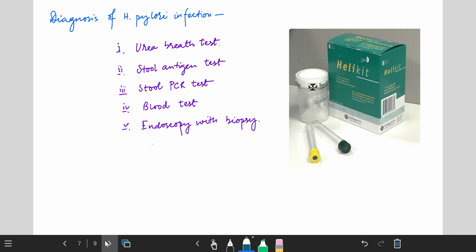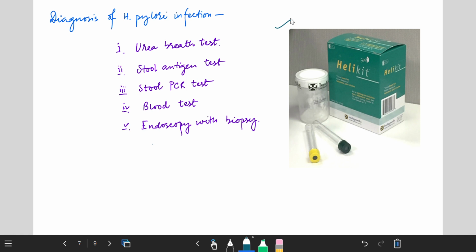Clear? You can do this kind of urea breath test at home using a kit. Patients may be given these breath test kits by their doctors to administer at home, and it takes only about 40 minutes. Okay.